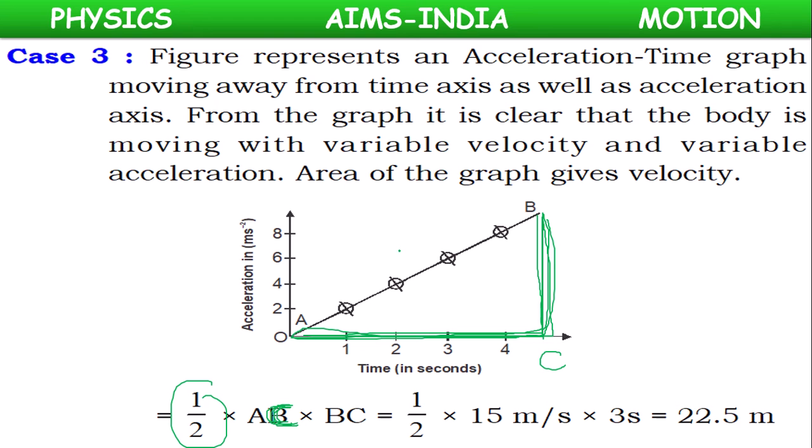In the graph, values are not given exactly, children. Here 1, 2, 3, 4, 4 seconds.